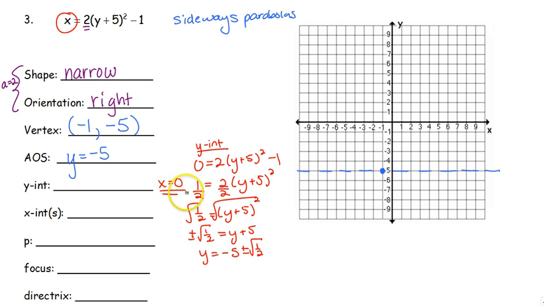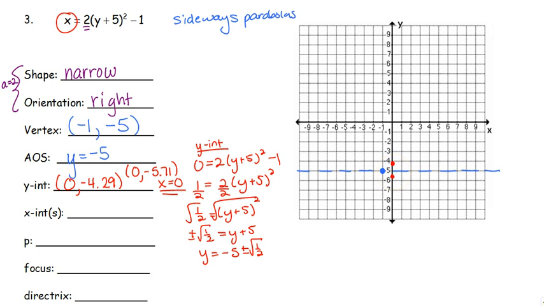We plugged in 0 for x, so it's going to be 0 comma, when you plug in, you get -4.29, and you get 0, -5.71. So we go ahead and put those points on our graph, and these are the y-intercepts, so it's where it's crossing the y-axis, at -4.29, so about there, and -5.71, about there.